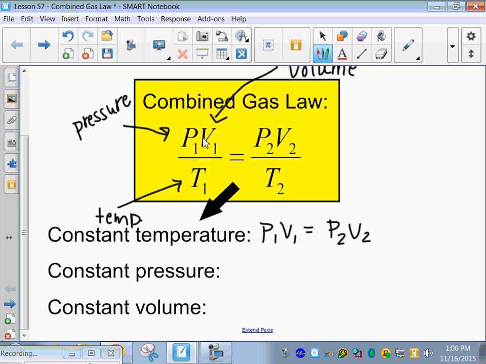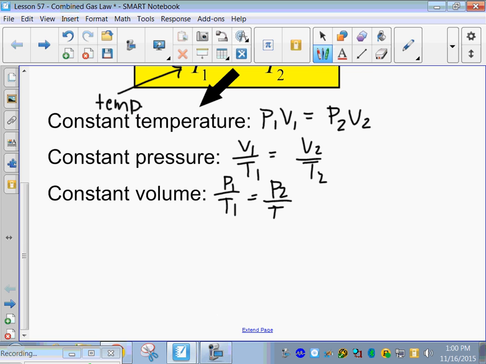Constant pressure, that means our pressures are the same. We're going to have V1 over T1 equals V2 over T2. So we just got rid of the P's. And for constant volume, we just get rid of the V's. We're going to have P1 over T1 equals P2 over T2.